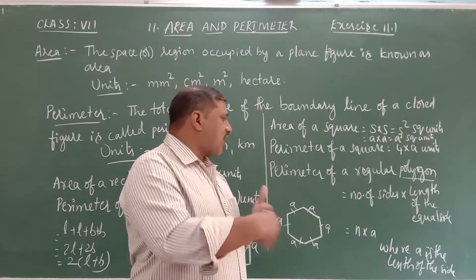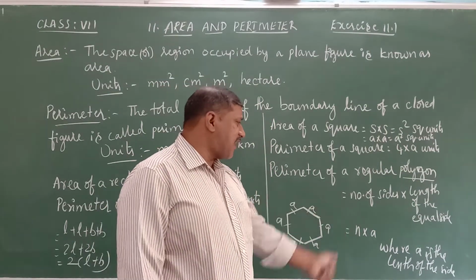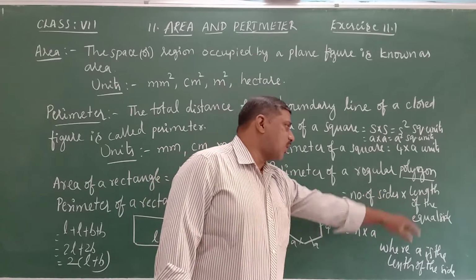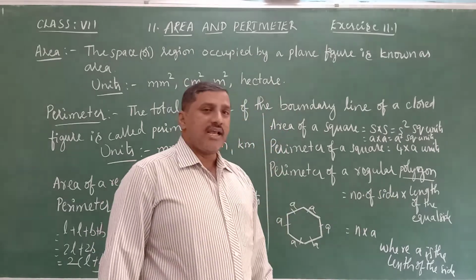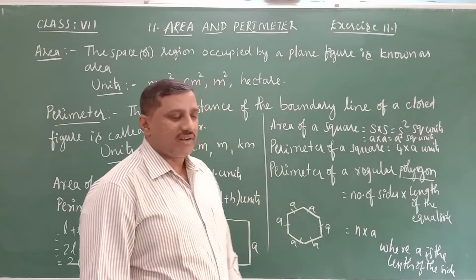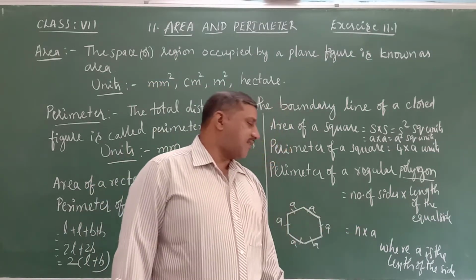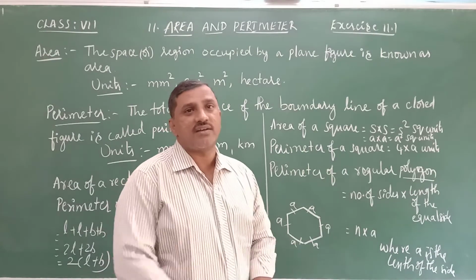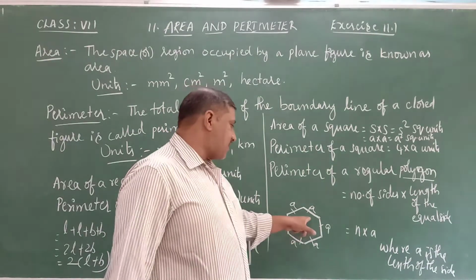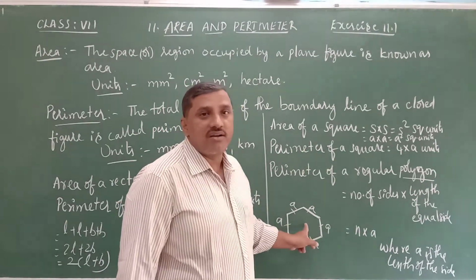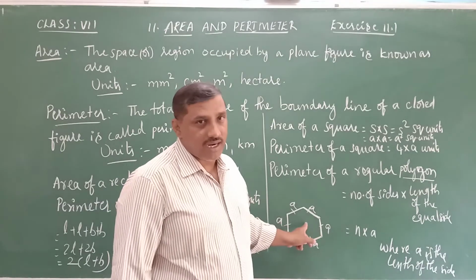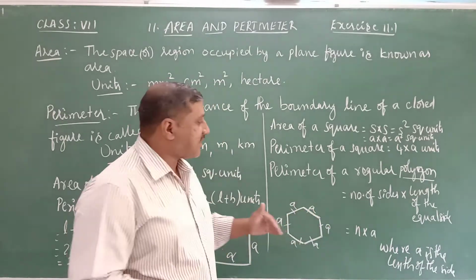If you take any regular polygon, then its perimeter will be number of sides into length of the equal sides, that is N into A, where A is the length of the side. So this is also an example. It is a regular hexagon, where 6 sides are there.